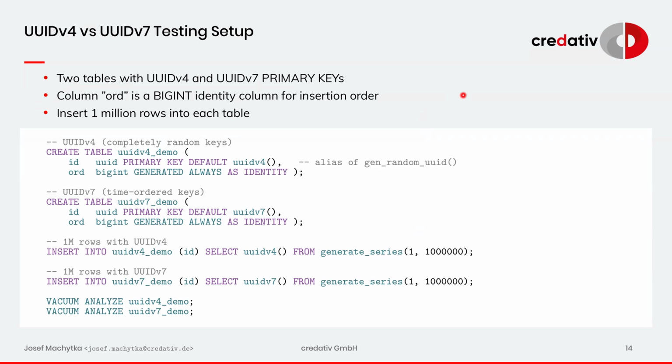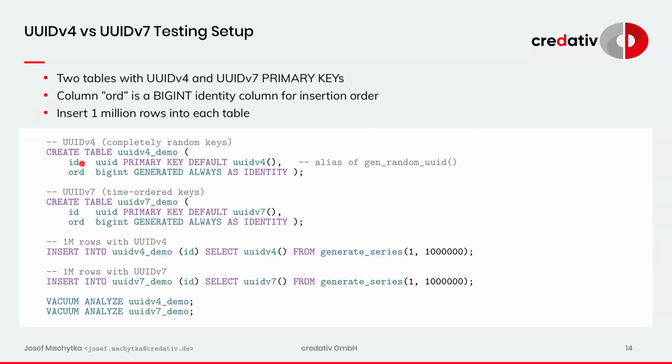So let's now dive deeper into performance differences between using UUID version 4 versus using UUID version 7 as primary keys in Postgres tables. So I created this testing example. I have two tables. Both of them have just two columns.